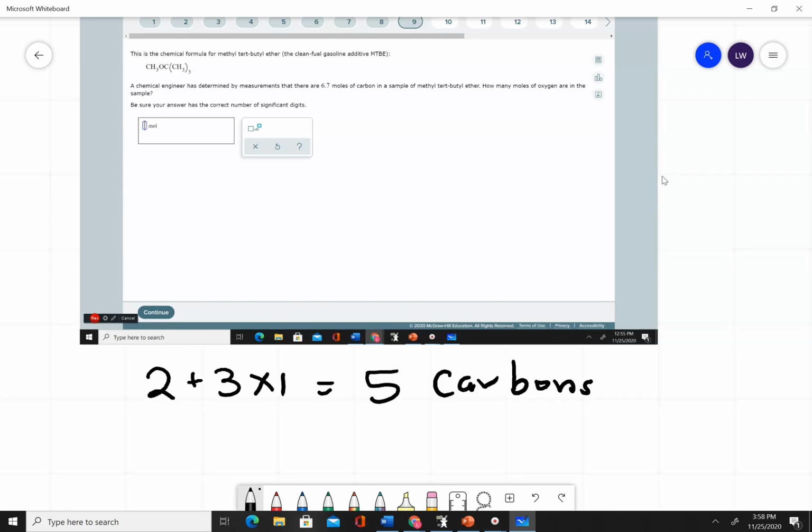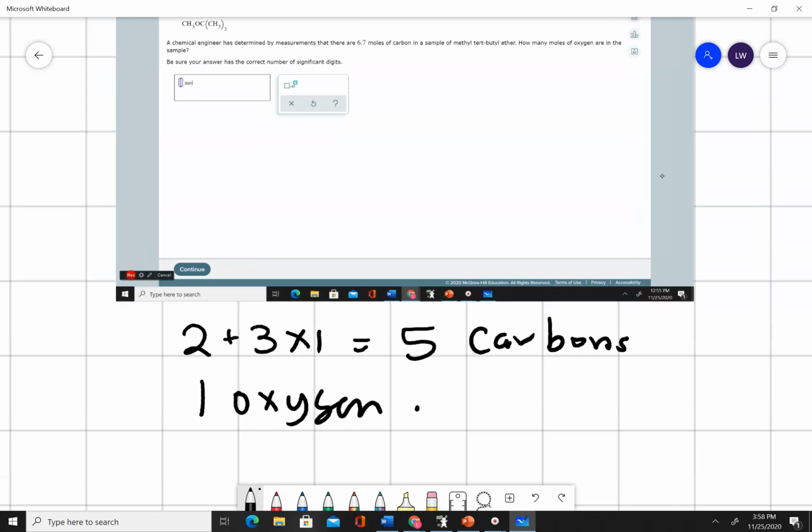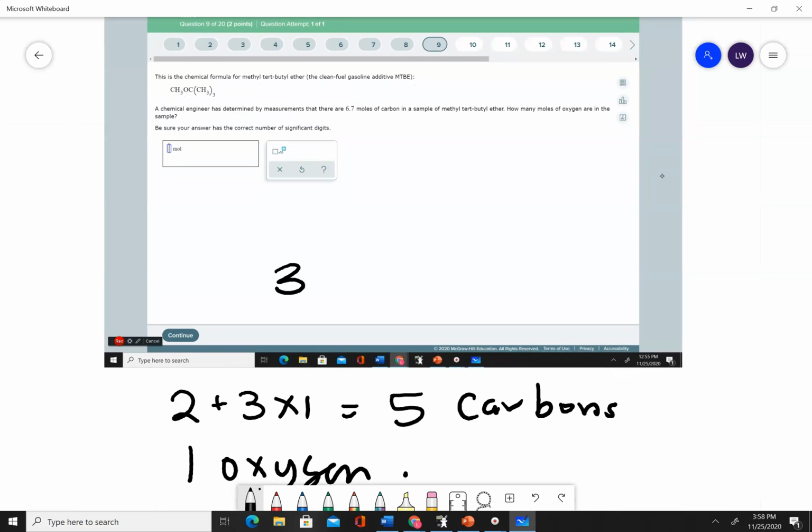carbons. And then how many oxygens have we got? Looks like we've got just the 1 oxygen, which comes before the parentheses. And then how many hydrogens have we got? We've got 3 outside the parentheses, and then 3 times 3 for those inside the parentheses.